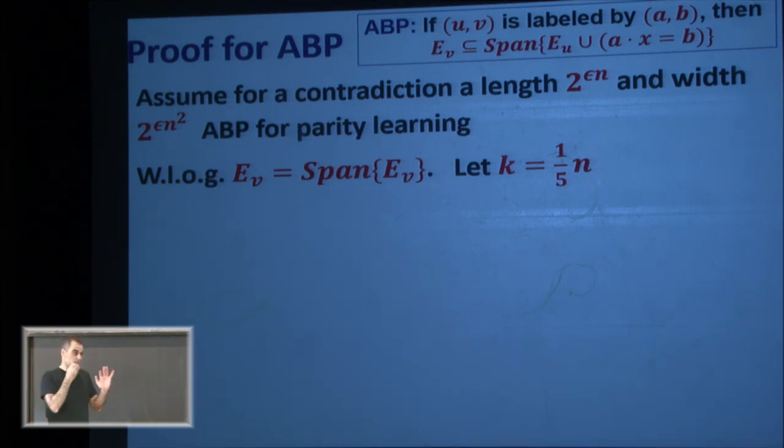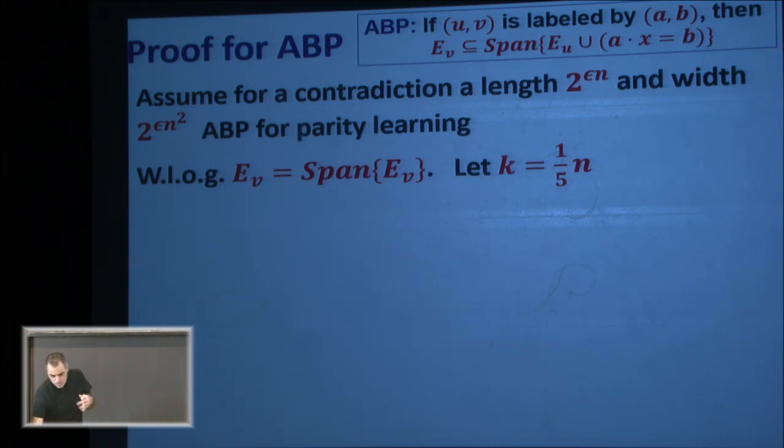It doesn't have to be extremely small, but think of it for this presentation as smaller than all other constants here. We want to show that this branching program cannot output the correct x with high probability. So how do we show it?